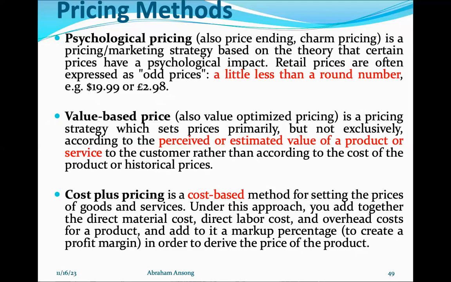So what we know most of the time is the last type of pricing method, cost plus pricing, okay, where you estimate your cost of production, variable costs, direct labor costs, overhead costs. Then at the end, you decide on a reasonable margin, and then you come out with your price. That is the cost plus pricing, all right? But there are certain products that cannot be priced that way.